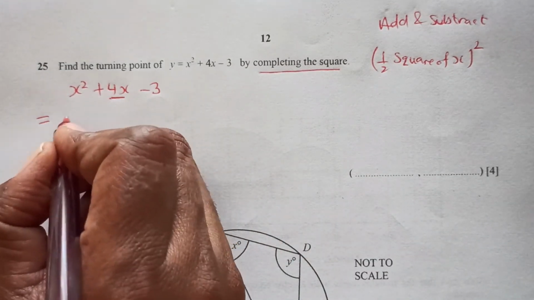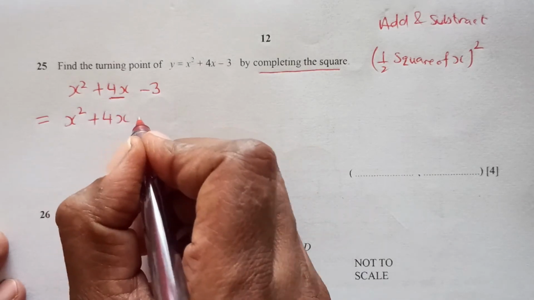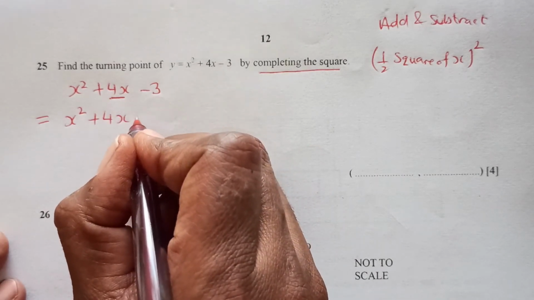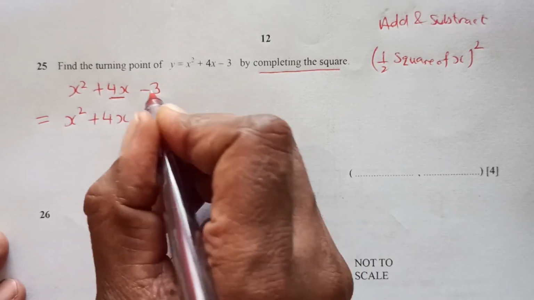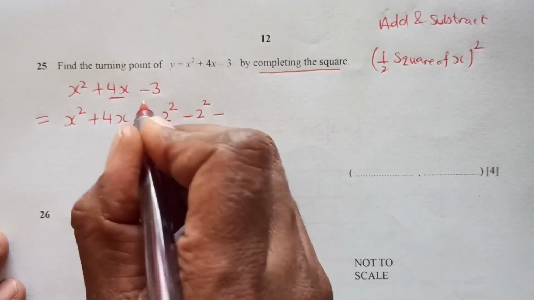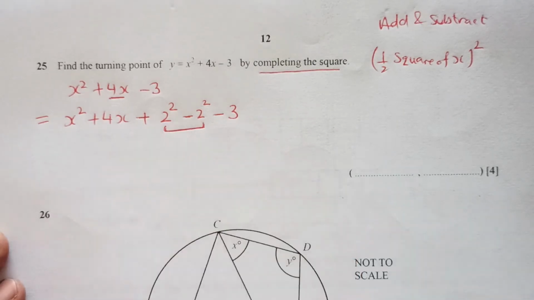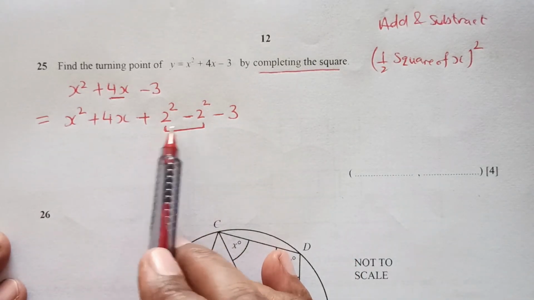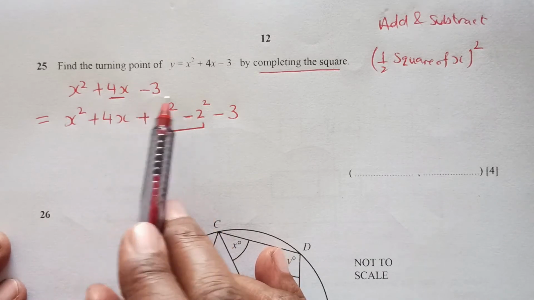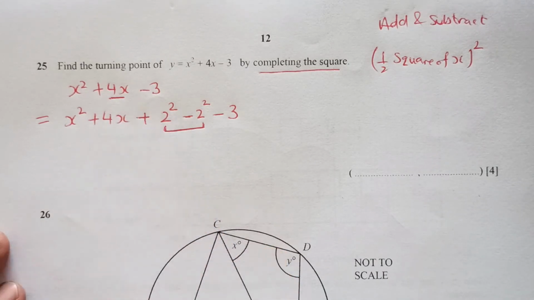So this will become x squared plus 4x. Half of 4 is 2. 2 squared added and 2 squared subtracted, and minus 3 is already there. Because we have added and subtracted the same, there is no effect on the actual equation.